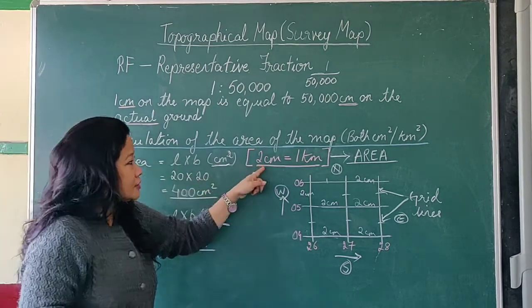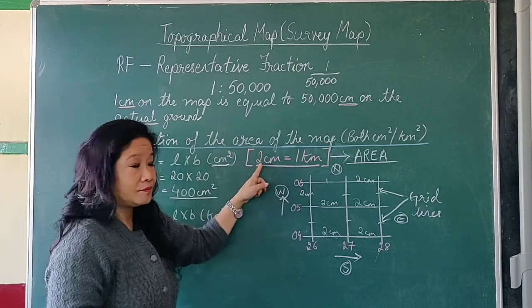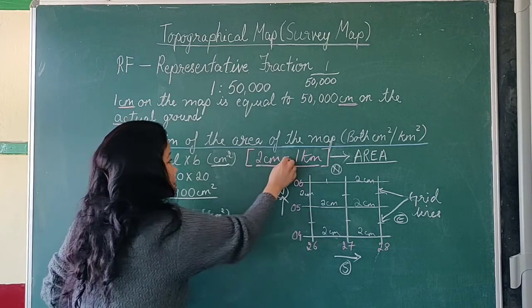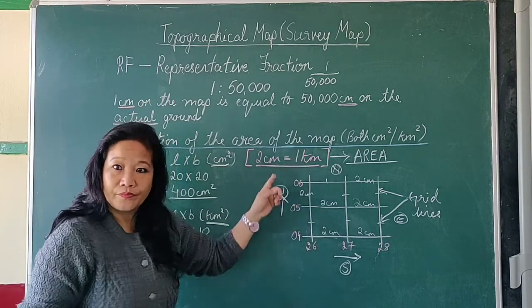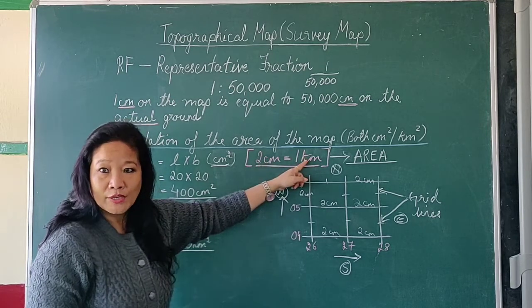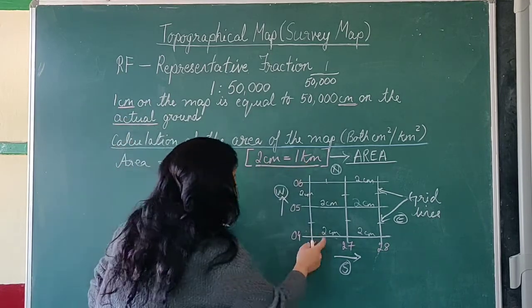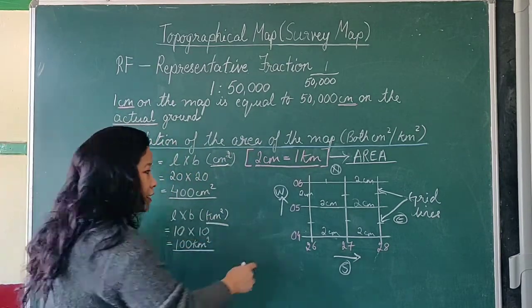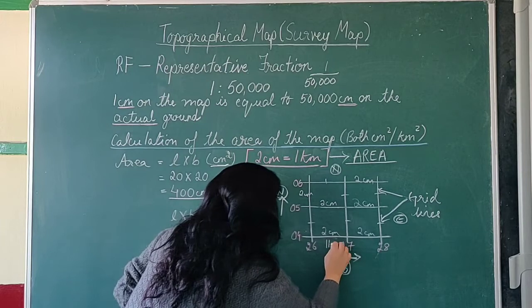Now, according to this scale, listen carefully. Look at this symbol over here. What does it say? Equal. Which means 2 centimeter can also be written as 1 kilometer. So if the question says, calculate the area in kilometer square, then each square you have to take as 1 kilometer.